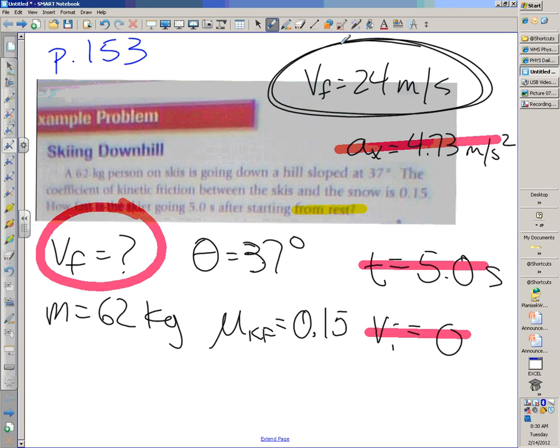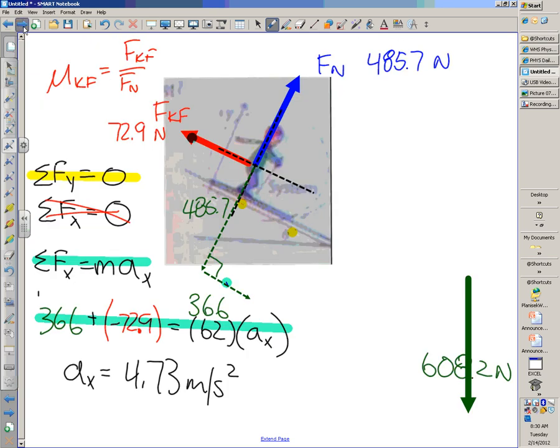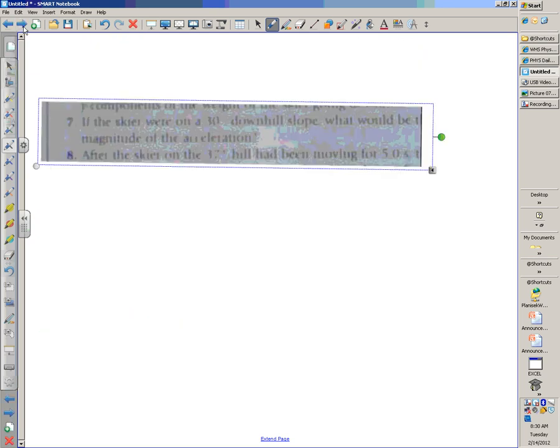How's that? Problems there? It was intense. But that's why I recorded it today, so you can go back and look at it. Now, if you flip over to page 154, number 7 in the practice problems section is very, very similar to this problem.